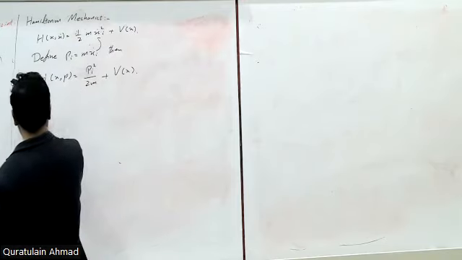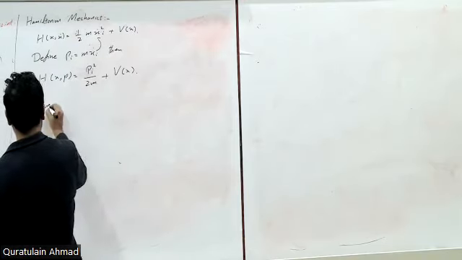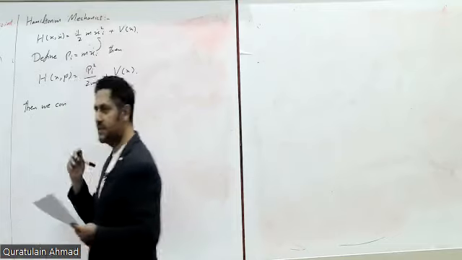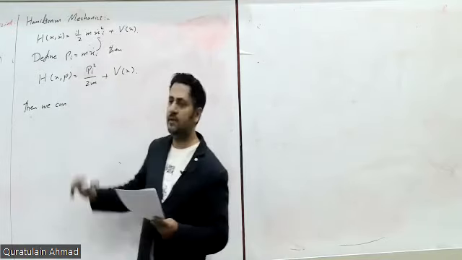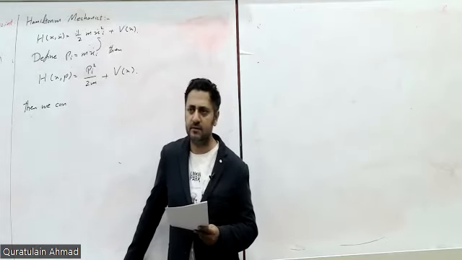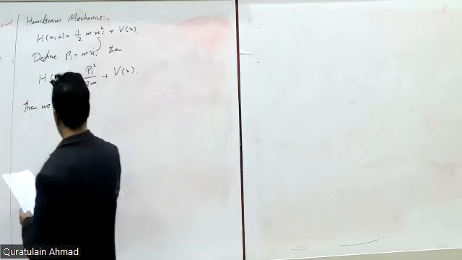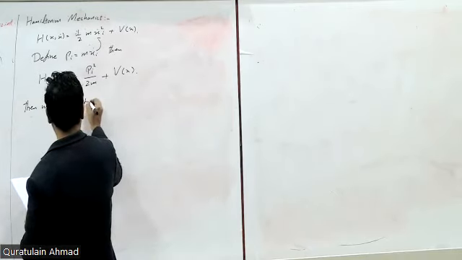Then we can write down. Now the genius is that you have to change your perspective. You have to think of x and p as independent variables. So then we can write down the following equation.